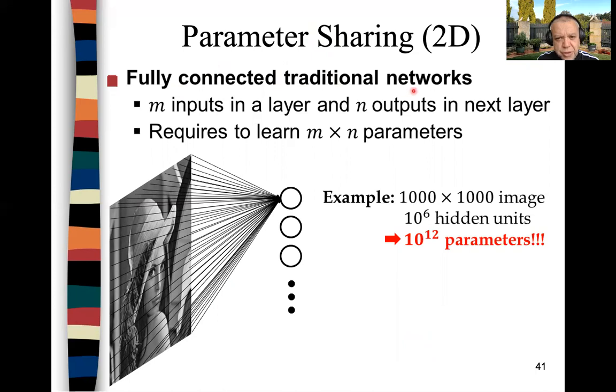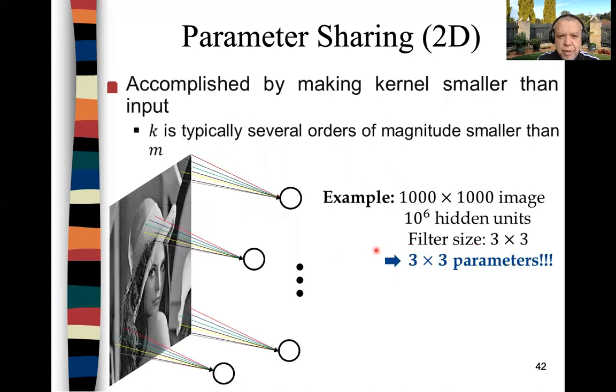For fully connected traditional layer networks, if you have M inputs in a layer and N outputs in the next layer, so here, for example, this is your input image, you have M inputs or M pixels in total, and you have N outputs in the next layer. So this requires M by N parameters, as we've seen before. Now, you accomplish this by making kernels smaller than the input, so if the size of your kernel is K, let's see maybe an example to make it clearer.